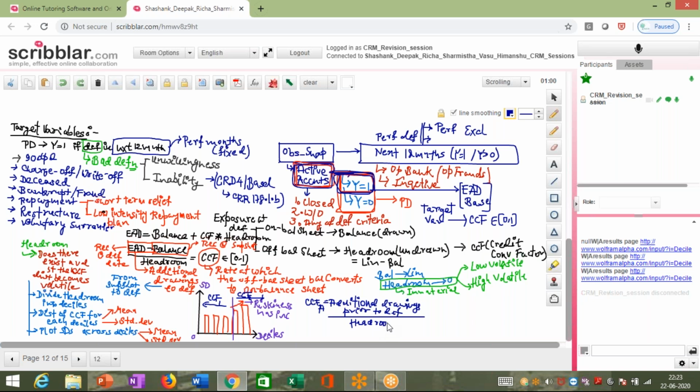And after that cutoff value, when the headroom falls below a critical value, I have the second definition, which is CCFB.